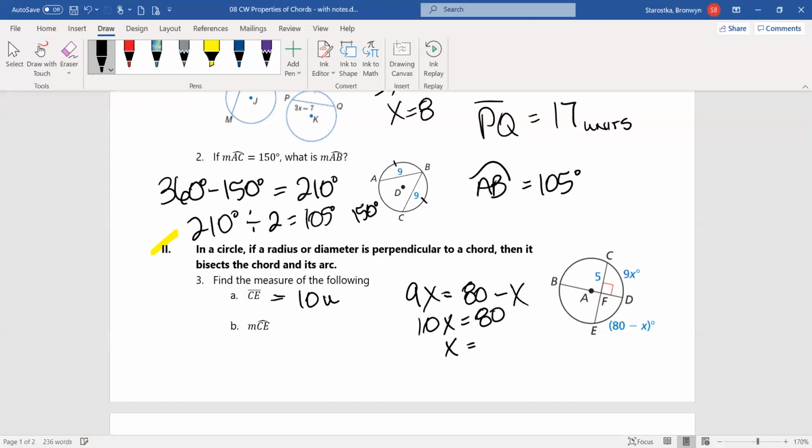X equals 8. So 7 times 8 is 72 degrees. 80 minus 8 is 72 degrees, and 72 plus 72 is 144 degrees.